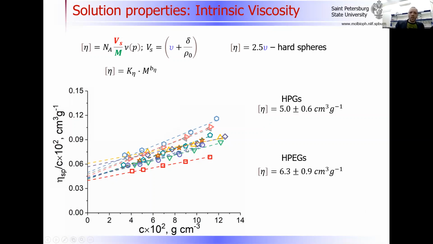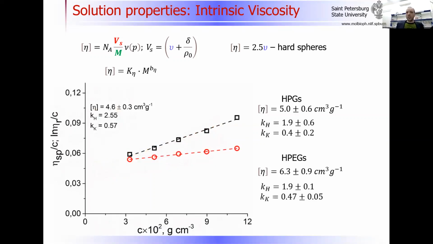If you look more deeply into the details, you see that, for example, the Huggins and the Kraemer constants are also abnormally high, I would say. In general, those constants can be used, in the first approximation, to judge the solvent quality in the thermodynamic sense.